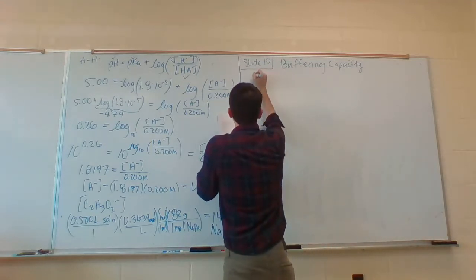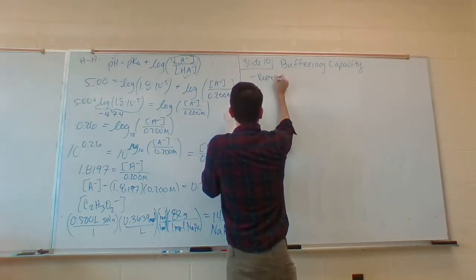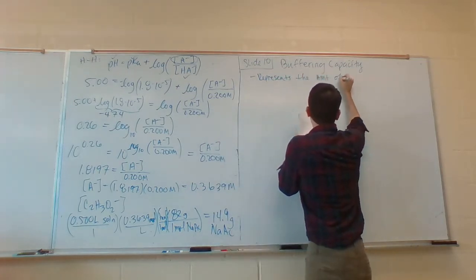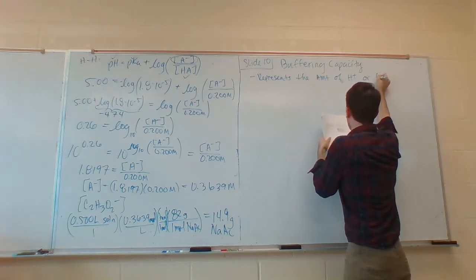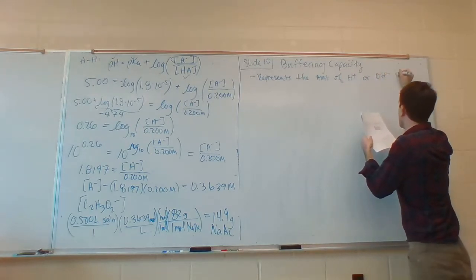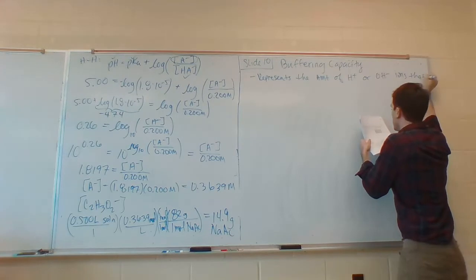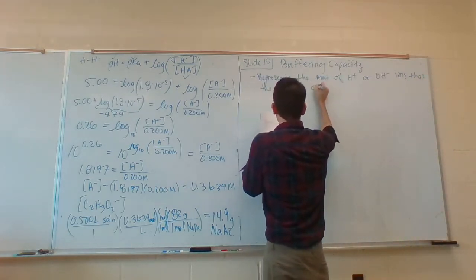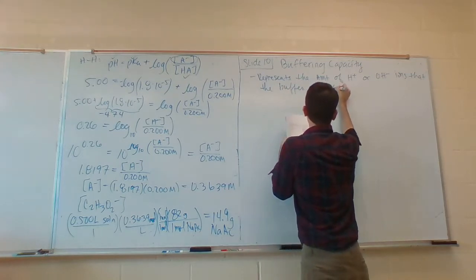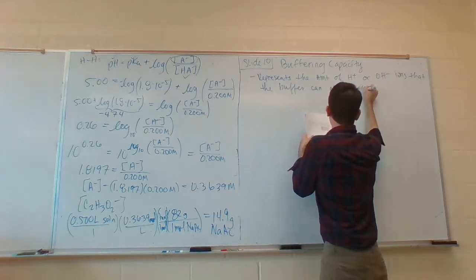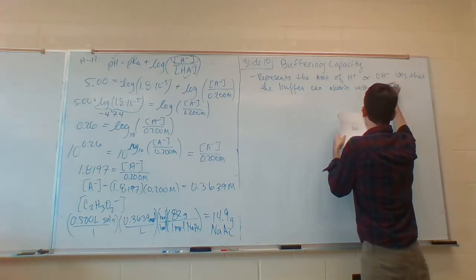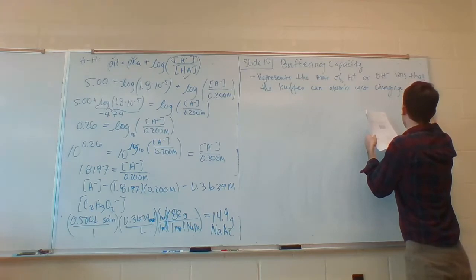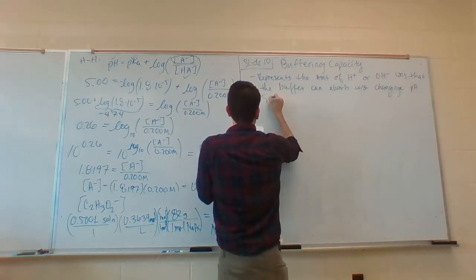Okay, so essentially this represents the amount of H plus or OH minus ions that the buffer can absorb without changing the pH significantly.